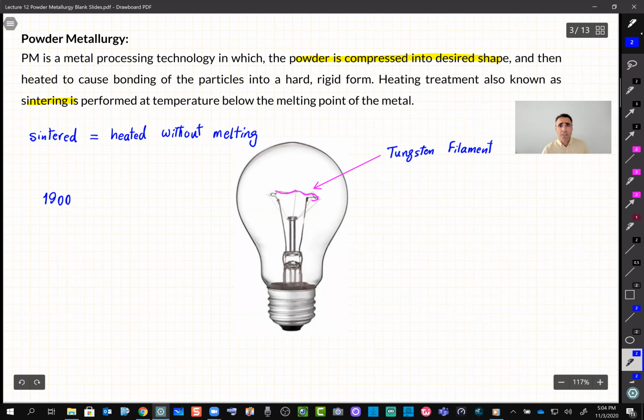In particular, because tungsten has a very, very high melting temperature. If you recall from the very first or second lectures, it's one of those refractory materials which have very high melting points. And making a wire or filament so thin out of it with another approach is not easy. So in 1900, it was the first use of this approach to make a part like this.